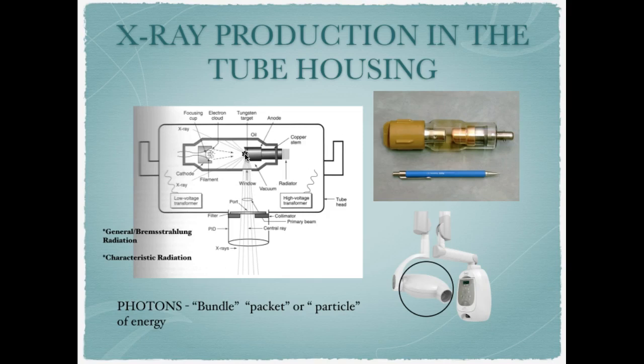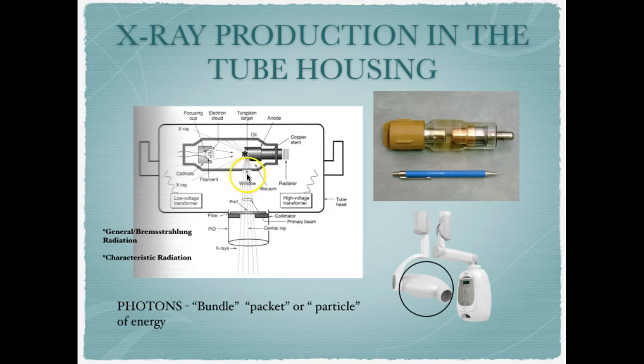Once the radiation is produced at the tungsten target and the focal point, because of the position of the tungsten target, it is directed through a window of the vacuum tube.